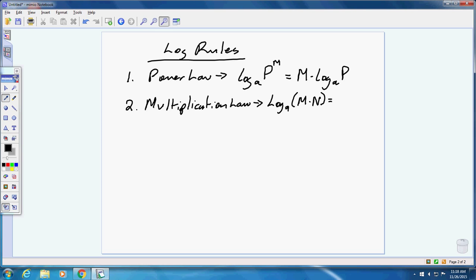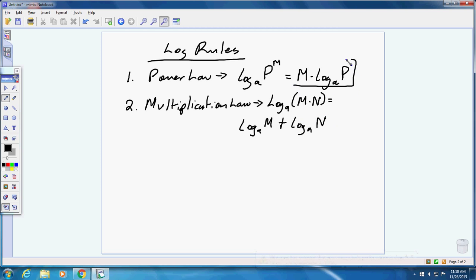When we were multiplying common bases with exponents, what did we do with our exponents? We added them. So we're multiplying our exponents, right, with common bases. So I can say the log base A of m plus the log of base A of n.